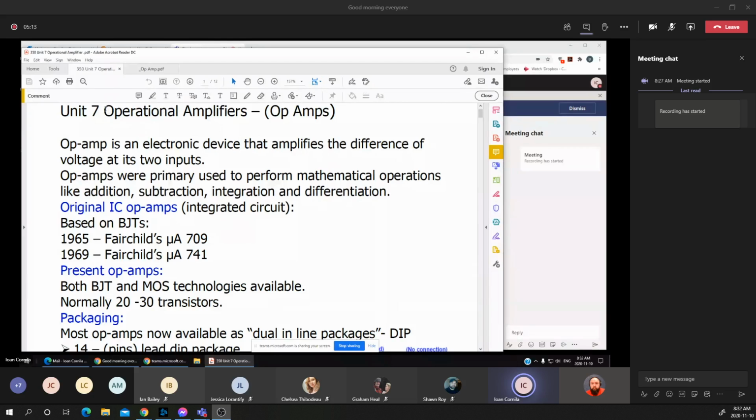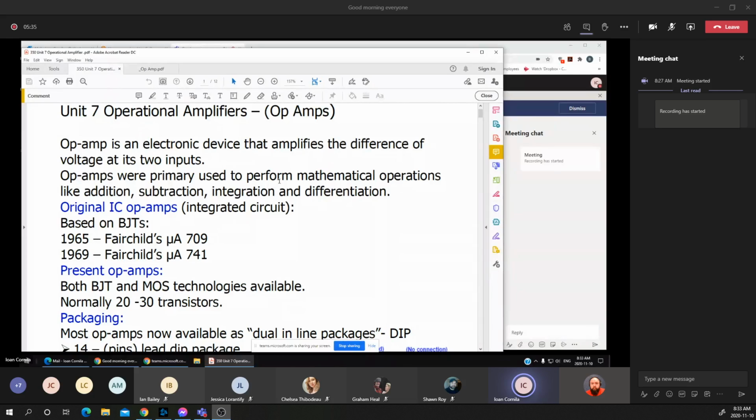For example, I will try to explain what operational means. We are looking for the mathematical operation, and that was the first idea, how to make operational amplifiers perform mathematical operations.